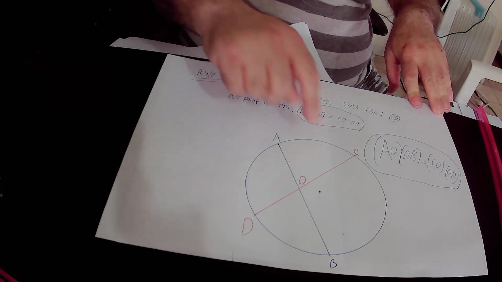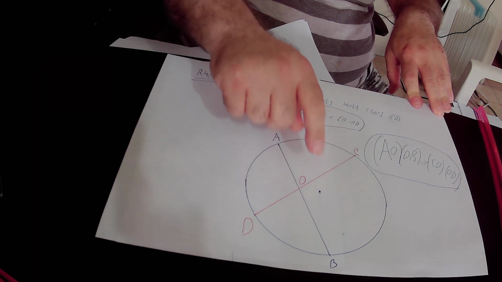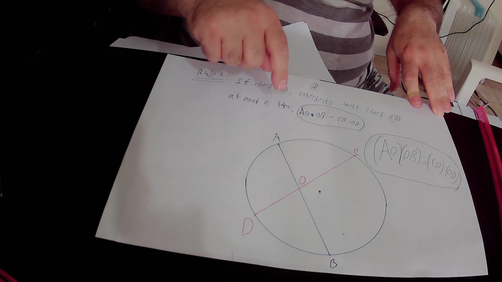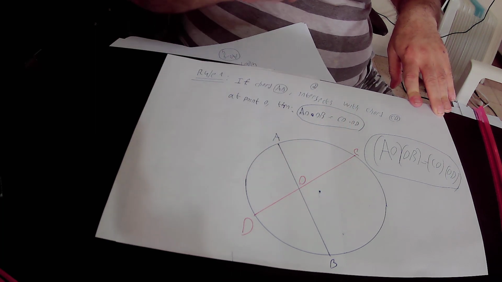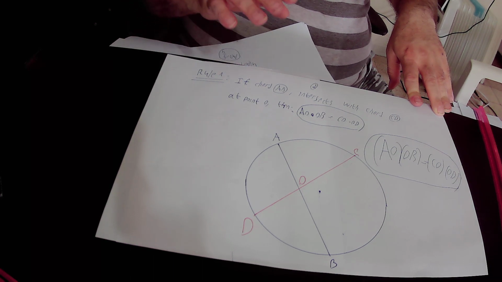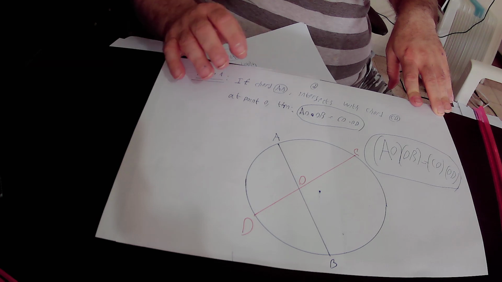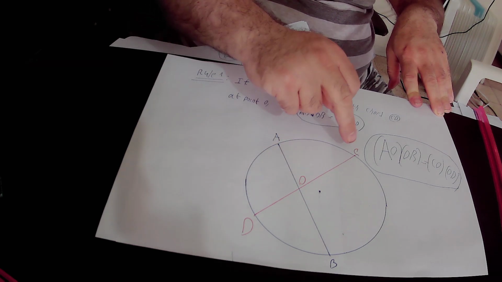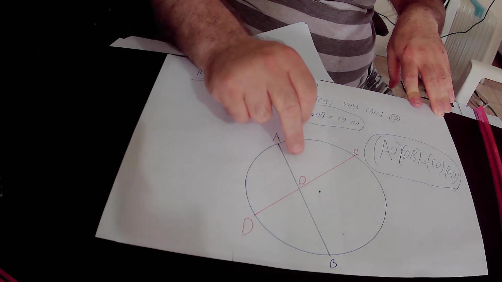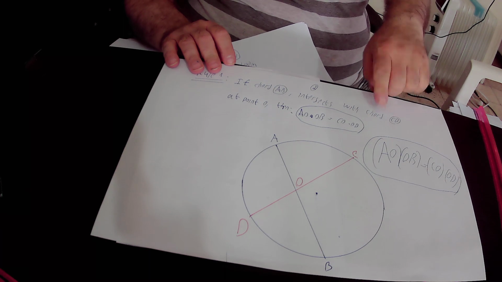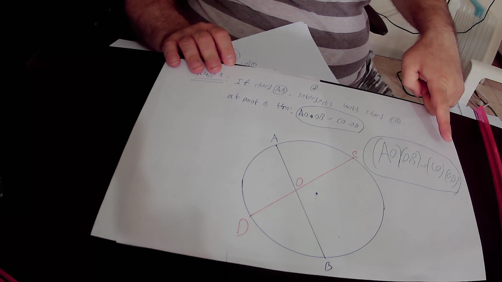So we have chord AB that intersects with chord CD at point O. Point O is the intersection point of chord AB with chord CD. So if this is the data that has been given to us, then according to rule number 1, we get that AO times OB equals CO times OD.